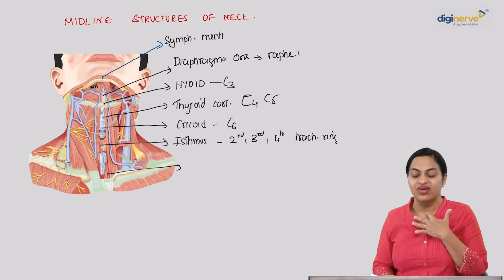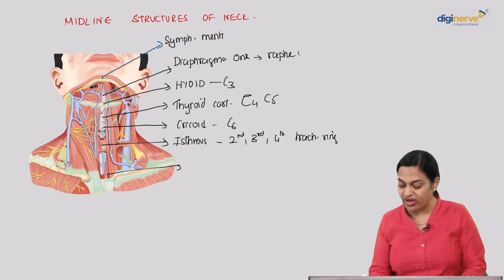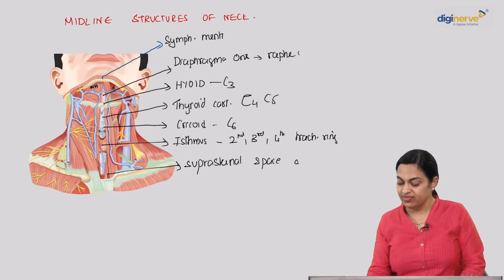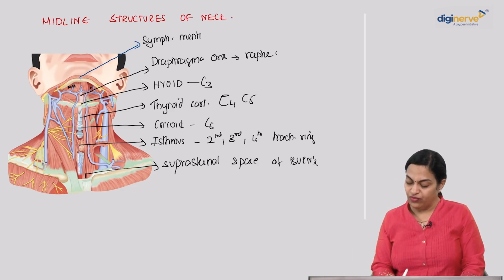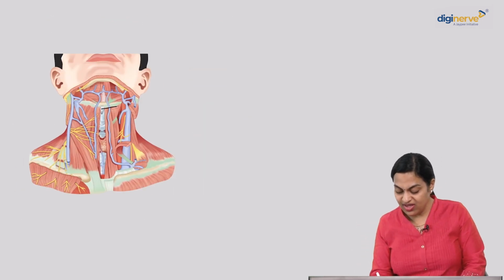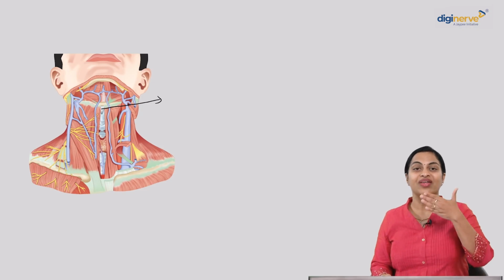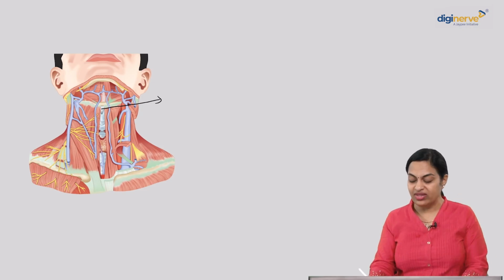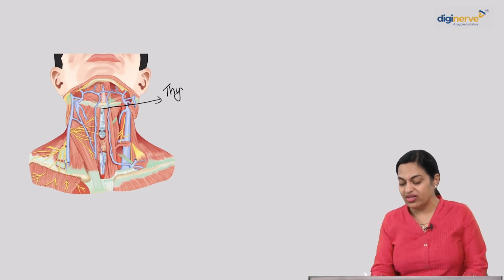Above the manubrium sterni, we have seen that the investing layer of the deep cervical fascia splits to enclose the suprasternal space of Burns. Okay. Few more to add here. This membrane extending between the hyoid above and the thyroid below, it's called the thyrohyoid membrane.